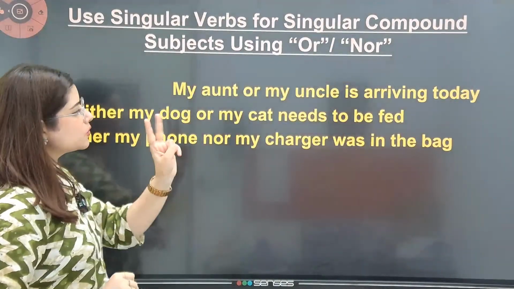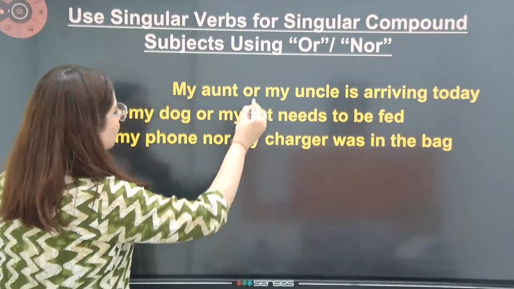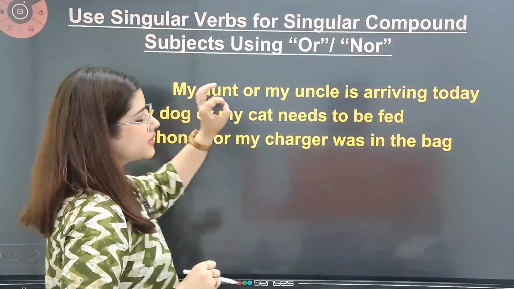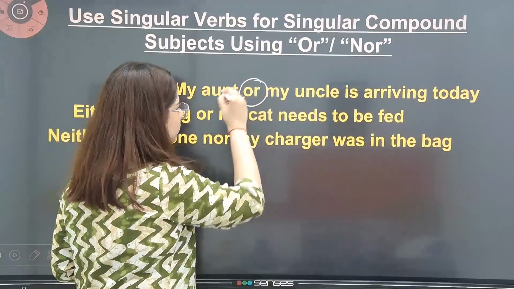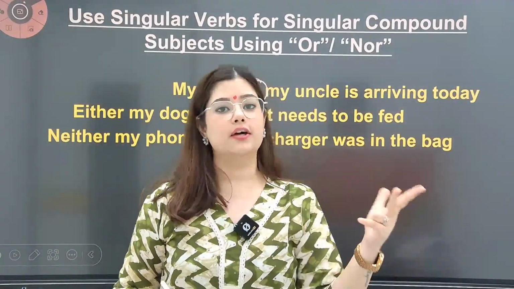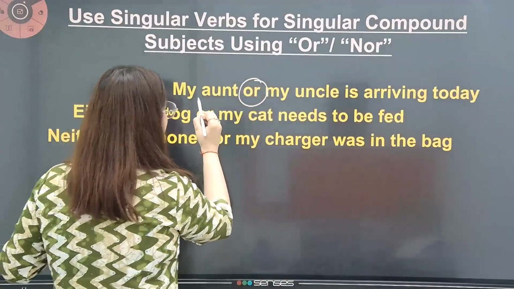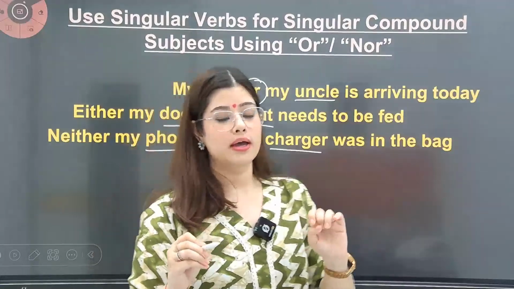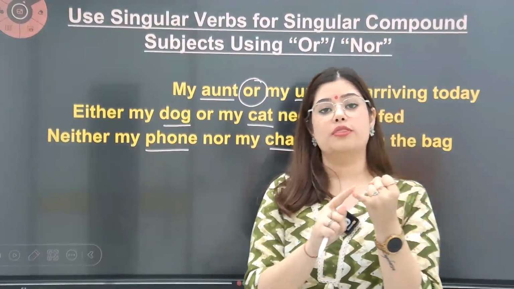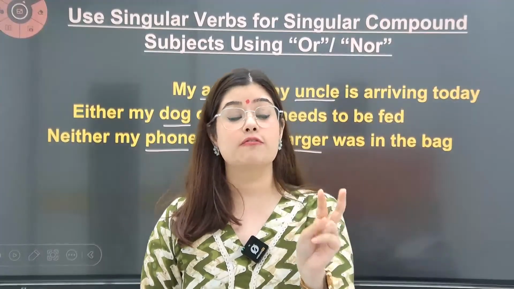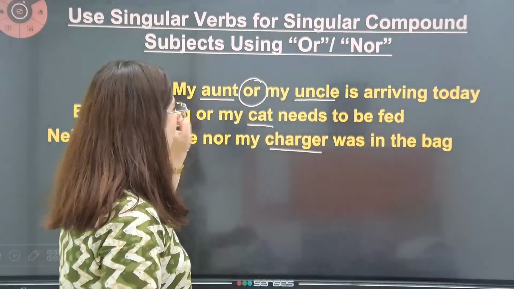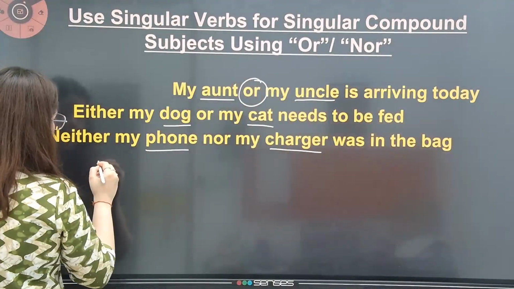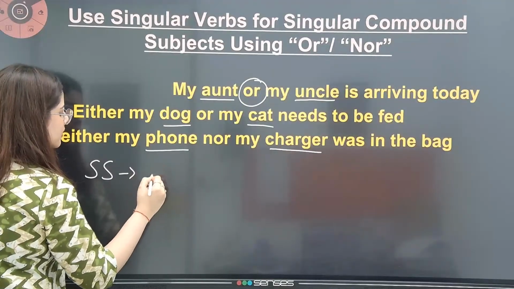Now, if two subjects are connected with or, either or, neither nor, and if the two subjects are singular subjects, mind you, if both the subjects are singular subjects, we will use a singular verb.